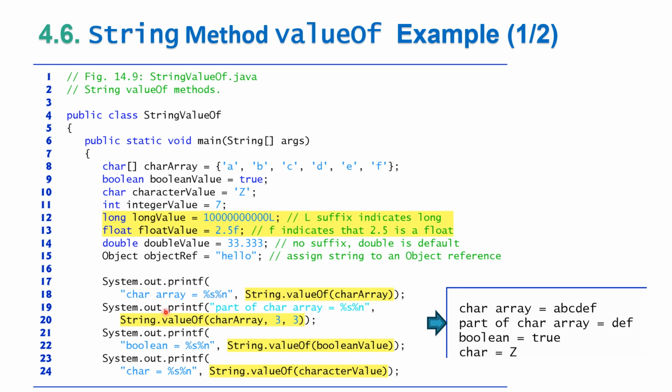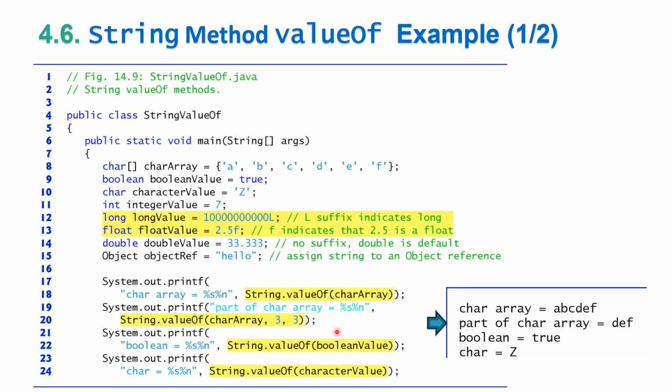The first two calls of the valueOf method pass the char array variable, which is an array of type char, as the first argument. The call String.valueOf(charArray) returns the string representation of the char array, which is the string consisting of the characters in the char array. So it is shown in the output here.